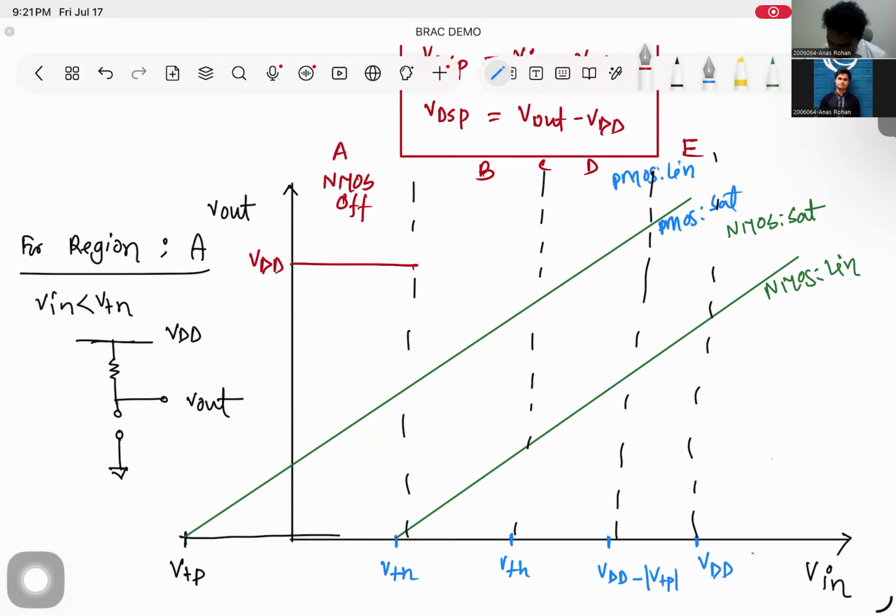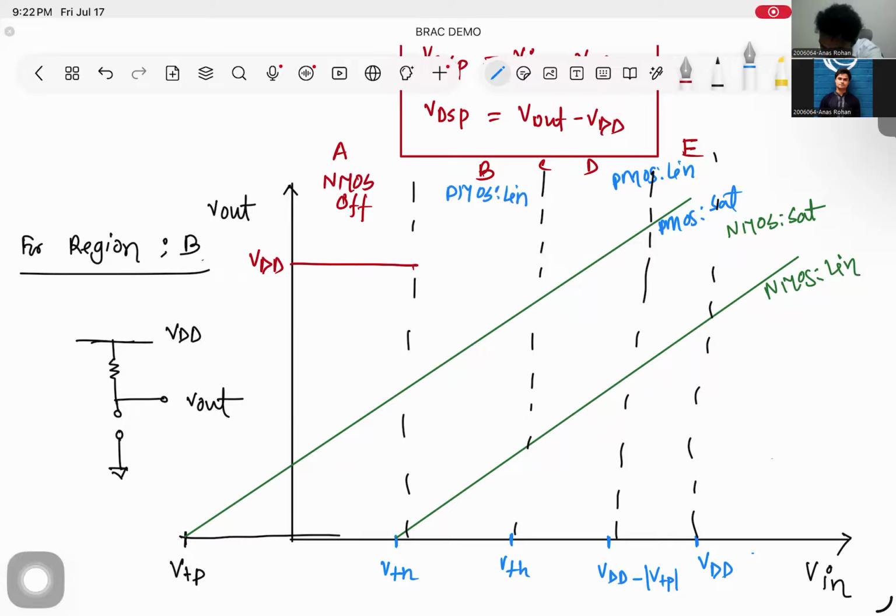Right. So let's move on to our second region, region B. In region B, we can easily see that our PMOS is in linear and our NMOS is in saturation.